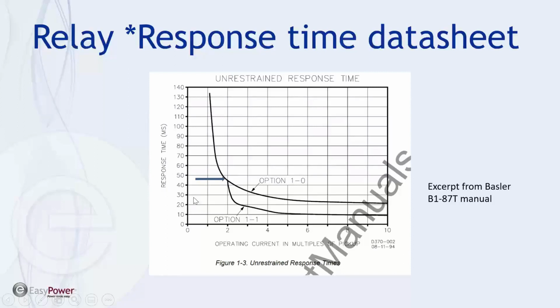The response time in milliseconds, and then the multiples of the pickup and operating current. This is based upon the user's manual for this particular relay. So again, the response time is a fixed recommendation from the manufacturer.